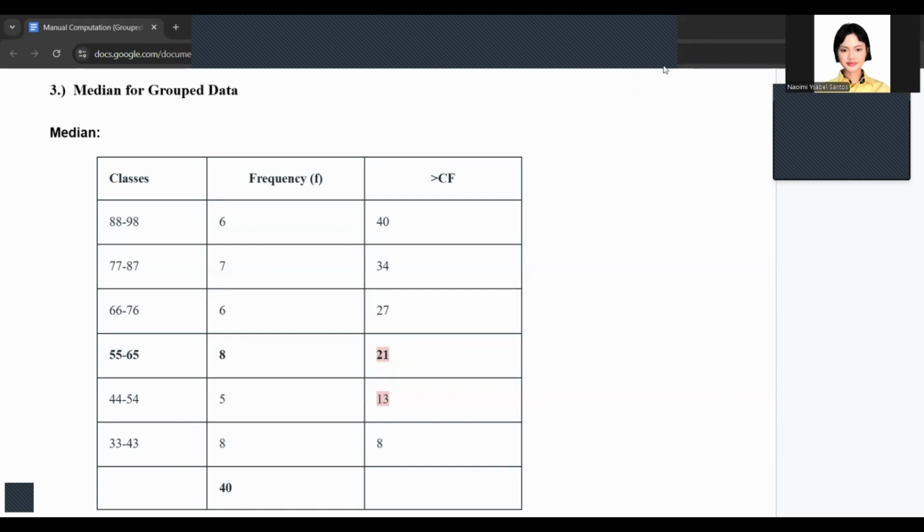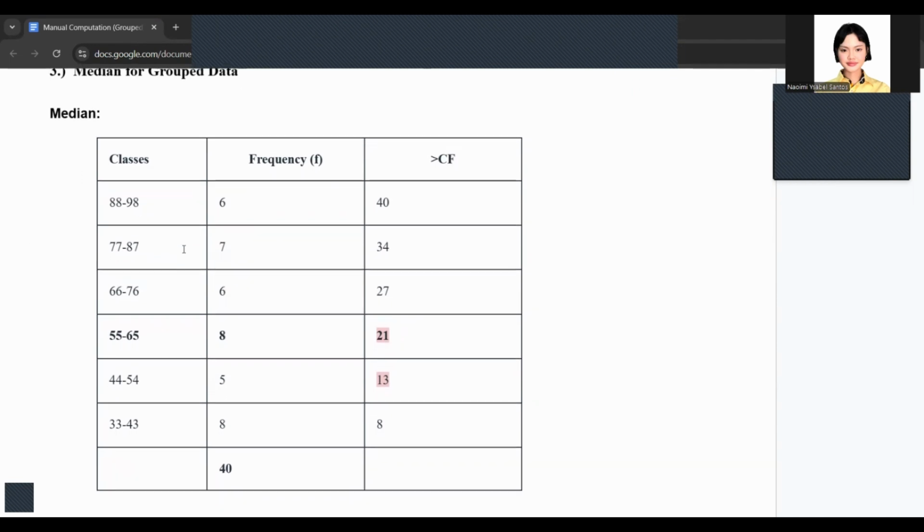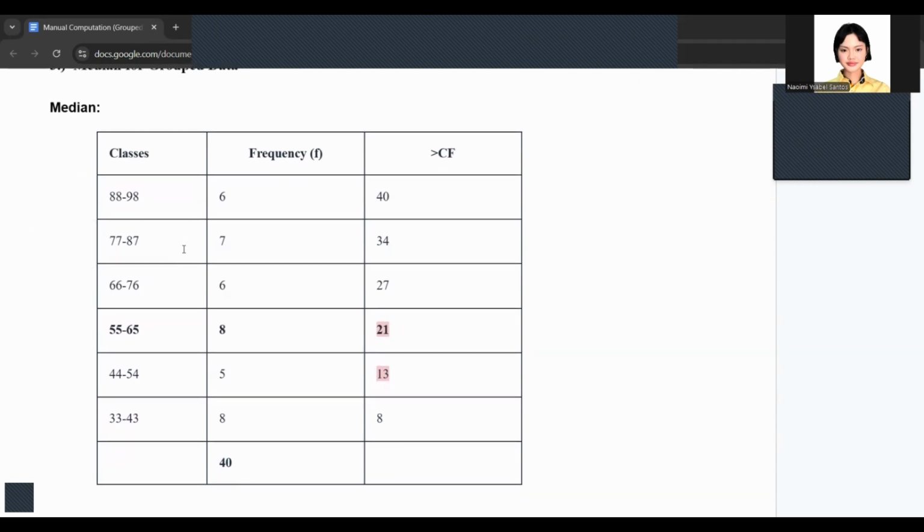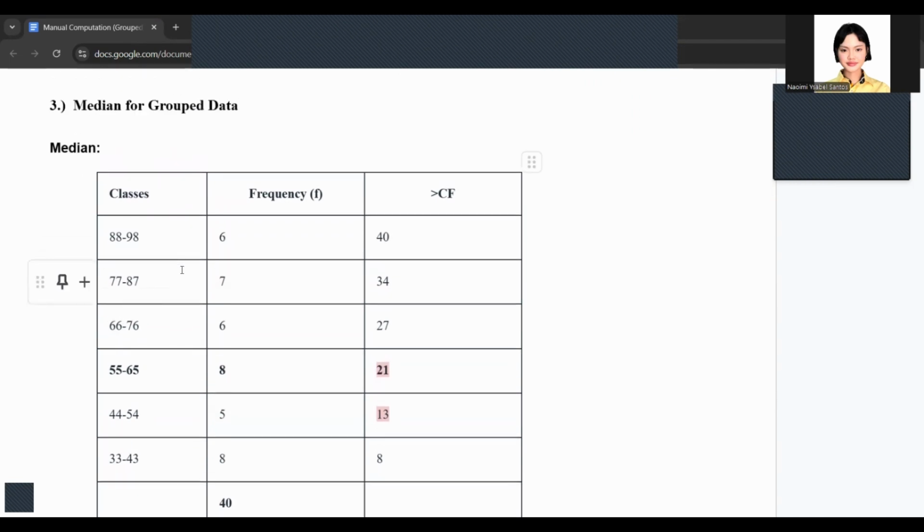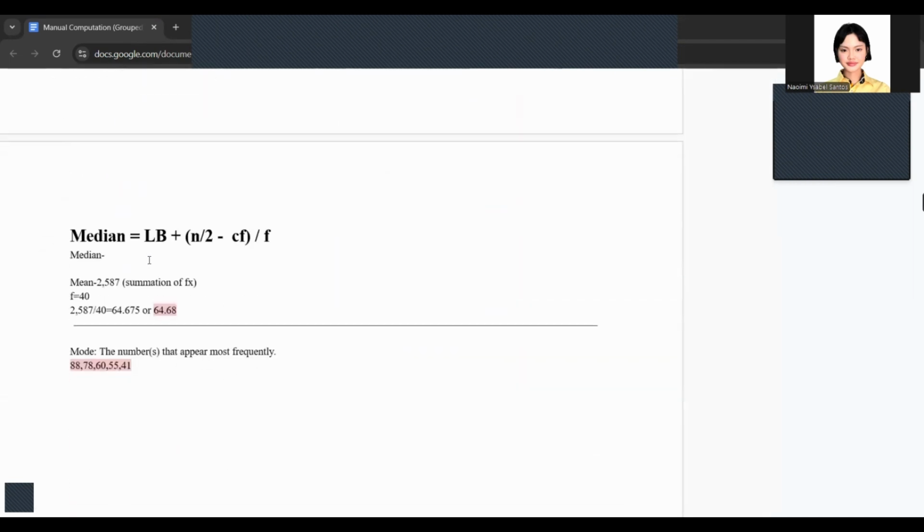When getting the median for grouped data, these three columns will be used, which are the classes, frequency, and greater than cumulative frequency, or our CF. We will also use the formula written below.